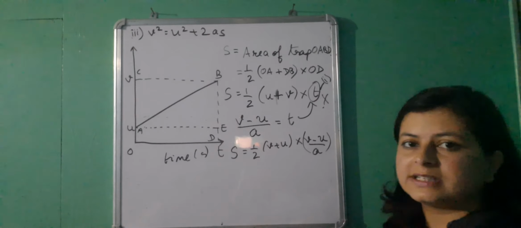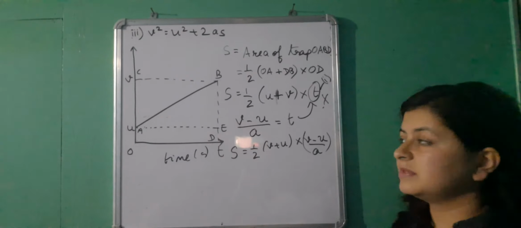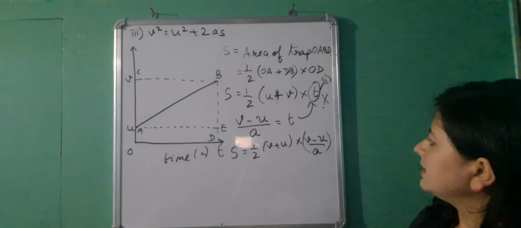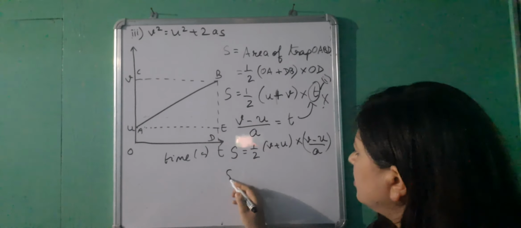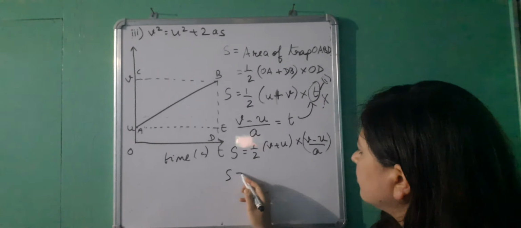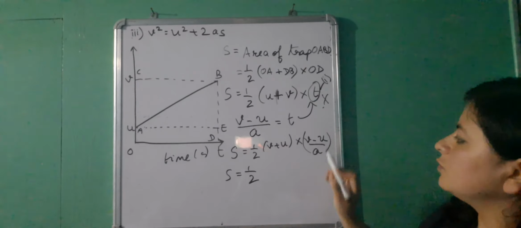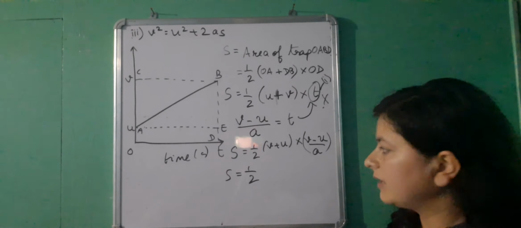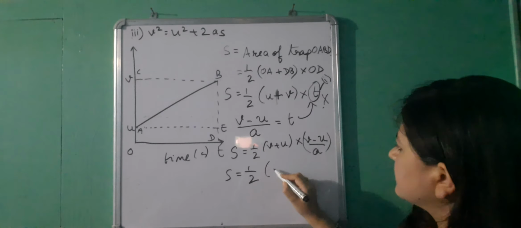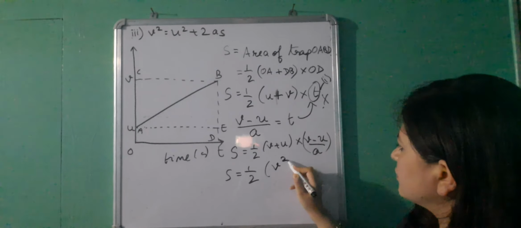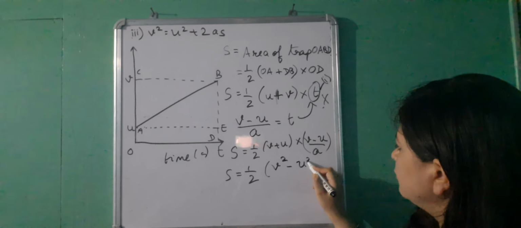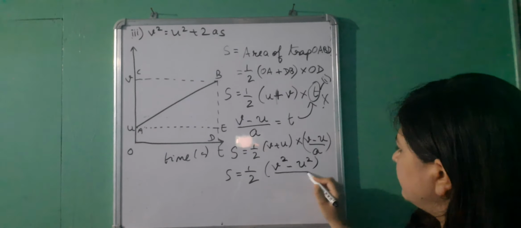So we have eliminated the term t, or substituted the term t by v, u and a. Now going back to basic algebra, you can see it in the form a plus b into a minus b, whose formula is a square minus b square. Here instead of a we have got v, so v square minus u square divided by a.